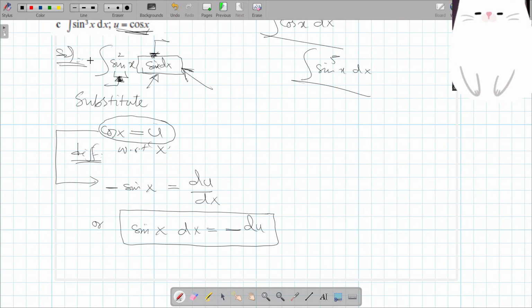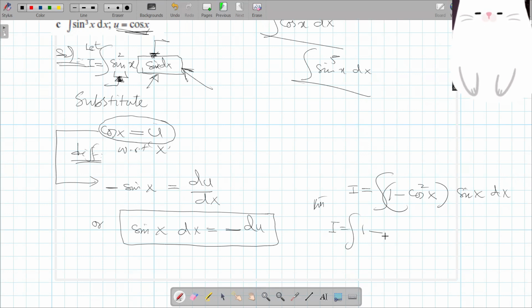First of all, we will suppose this integral equal to I. Sine square x will be equal to 1 minus cos square x in terms of cosine, and everything else we keep the same. Now make these substitutions: cos x is equal to u, and sin x dx is equal to negative du.